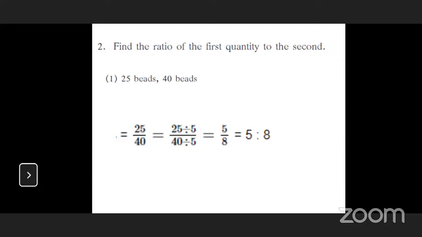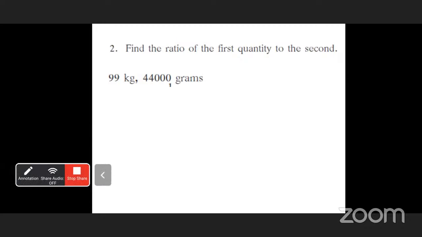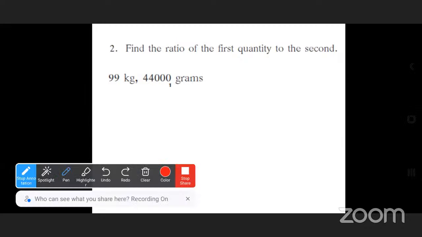Now next. Find the ratio of the first quantity to the second. Now this time, see the question carefully. Here there are two quantities. One is 99 kg and another is 44,000 grams. Now see, the unit used to measure is different.